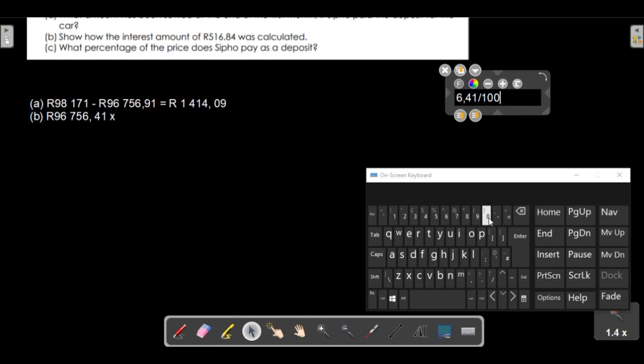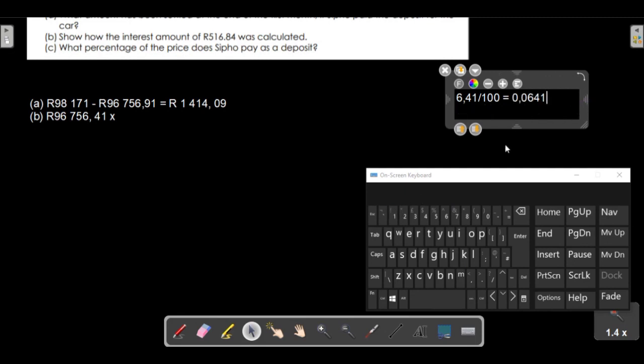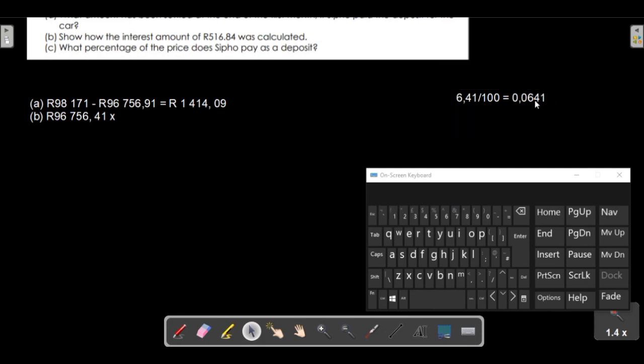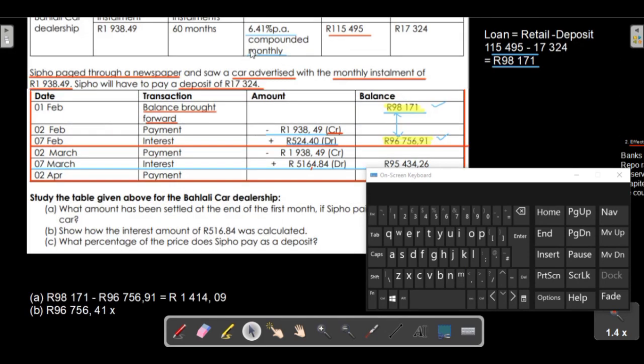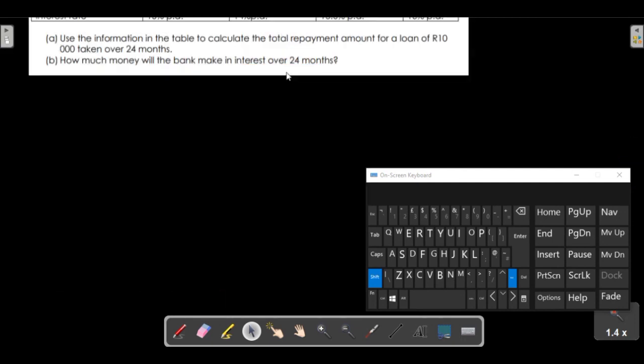That's the first thing that we should do, and we get 0.0641. Okay, that's what we get, and then we use what we have there to divide it by 12, because if they say compounded monthly, you divide by 12. If they say quarterly, you divide by 4. If they say annually, you divide by 1.